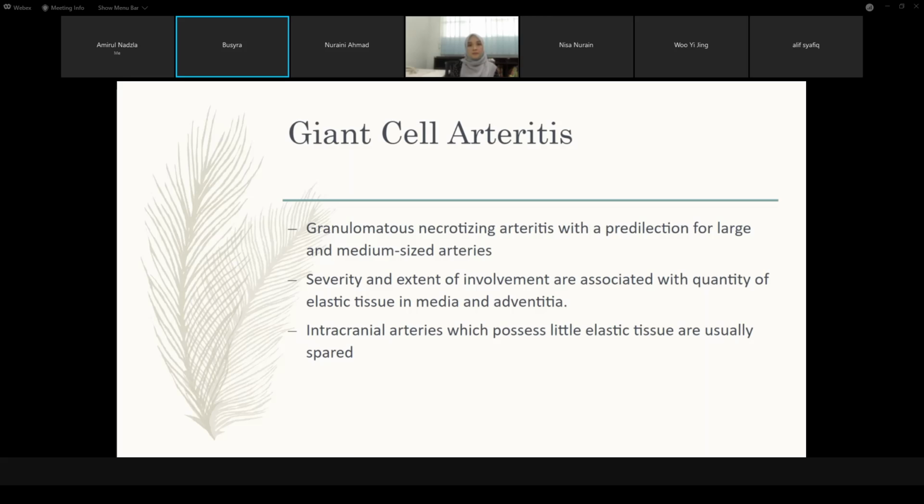The severity and the extent of involvement are associated with the quantity of elastic tissue in the media and also the adventitial layer of the artery. The intracranial arteries are usually not affected as they have little elastic tissue, whereas the aorta and the other branches have more elastic tissue.